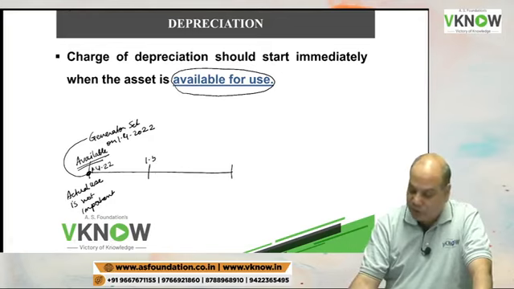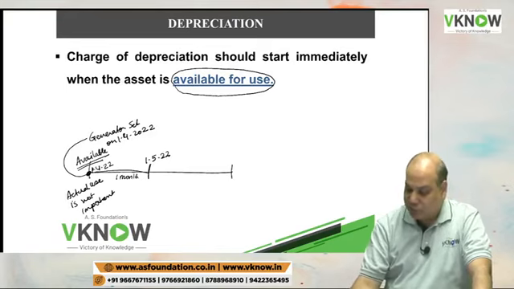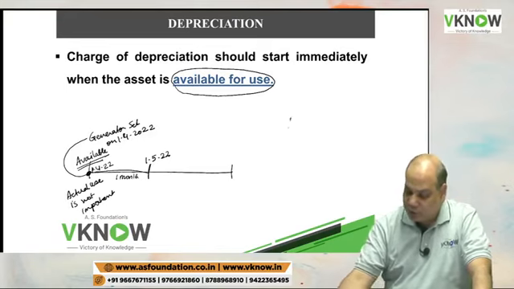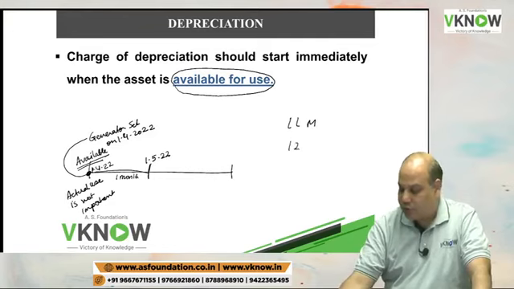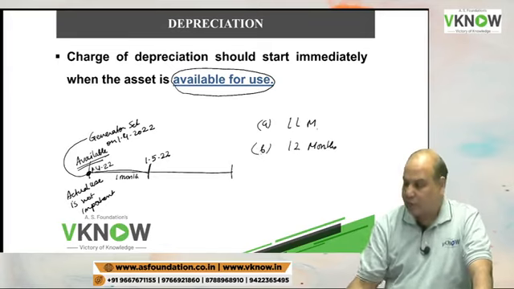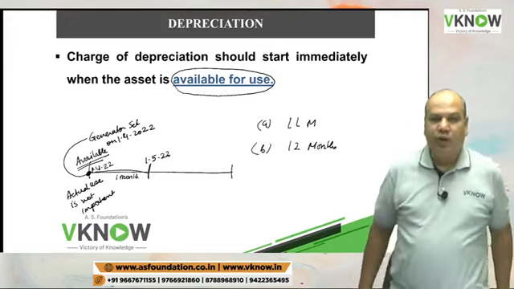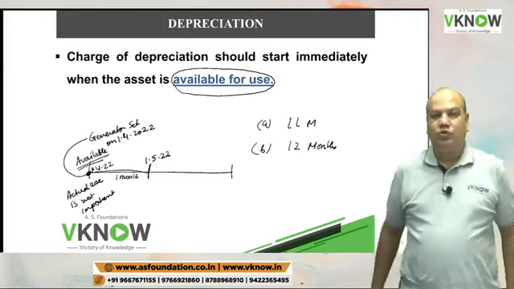The first time the power cut occurred was on 1st May 22. So for 1 month, the generator set was lying idle. Will you provide depreciation for 11 months or 12 months? Question for you. Option A, 11 months. Option B, 12 months.